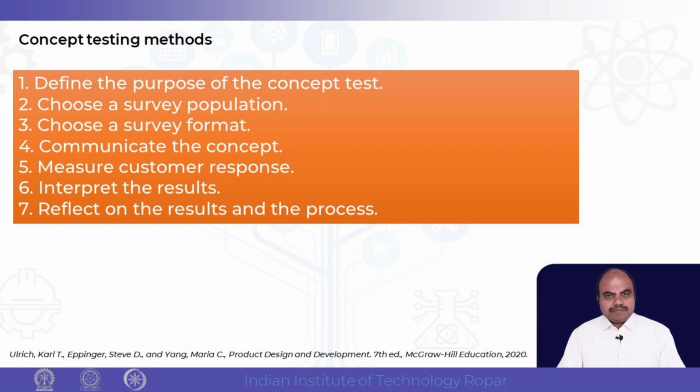Then we communicate the concept to the potential users or the testing people. Then we measure the customer response. Then we interpret the results. And after interpretation, of course, comes reflection on the results and how you can improve it. So let us see each of these in more detail.